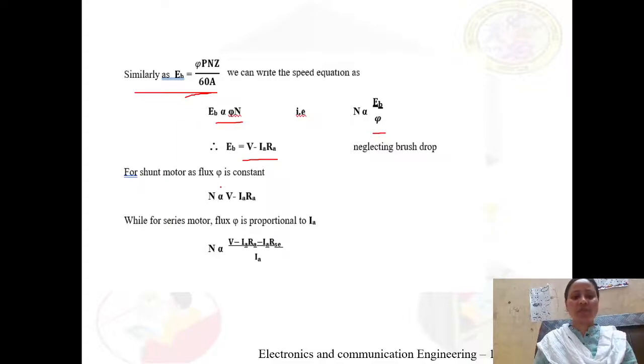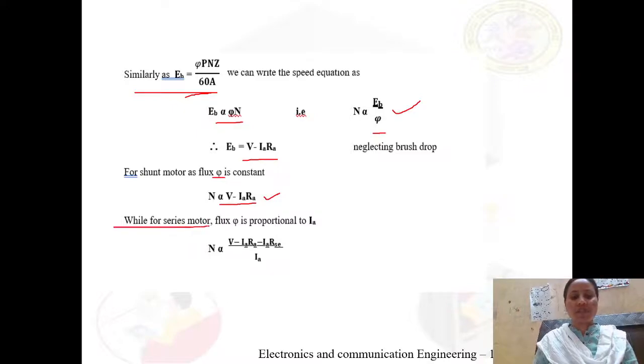So in case of shunt motor, since flux is constant, let us consider this expression N proportional with EB by phi. Since phi is constant, we can write N is proportional with EB, which is V minus IA into RA. Hence, for the shunt motor, we can write N proportional with V minus IA into RA.